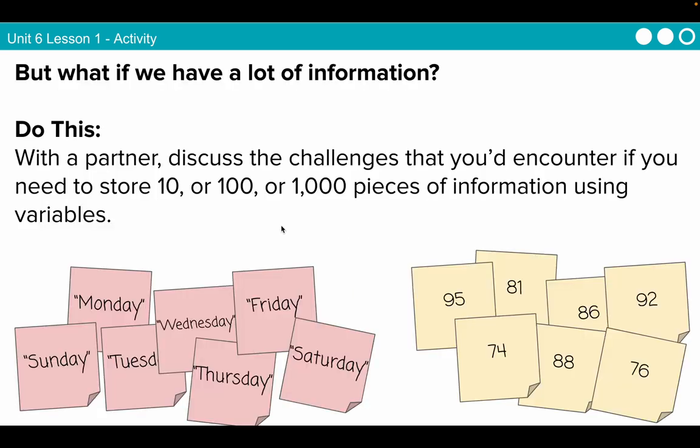But what if we have lots of information? So what you would want to do is pause the video so that you can think of challenges that you would encounter if you need to store 10 or 100 or 1,000 pieces of information using variables. So pause the video here so you can think of a couple of challenges.